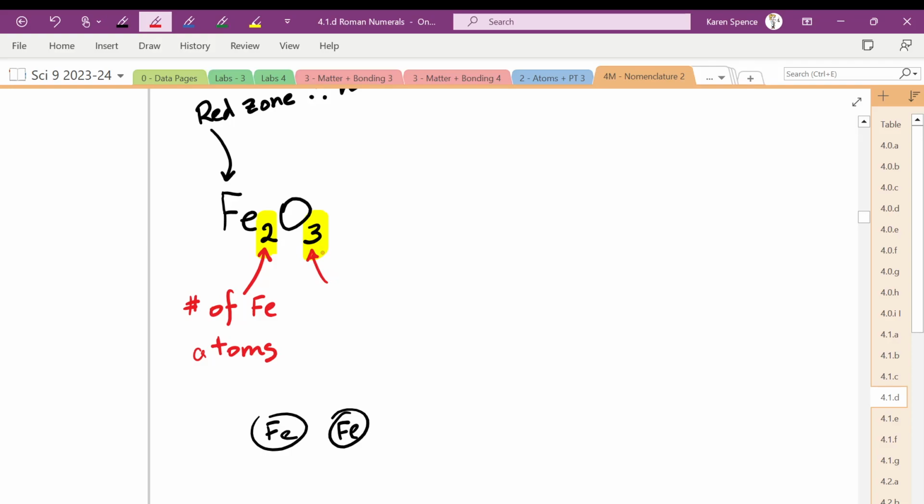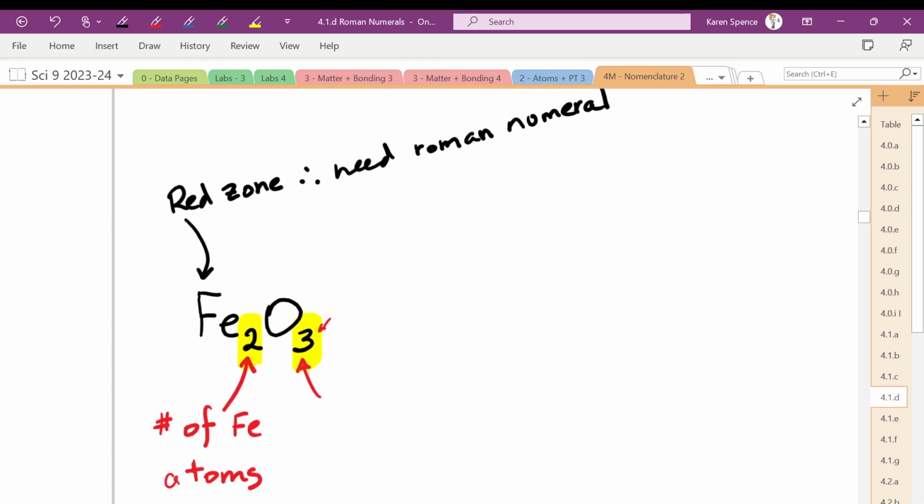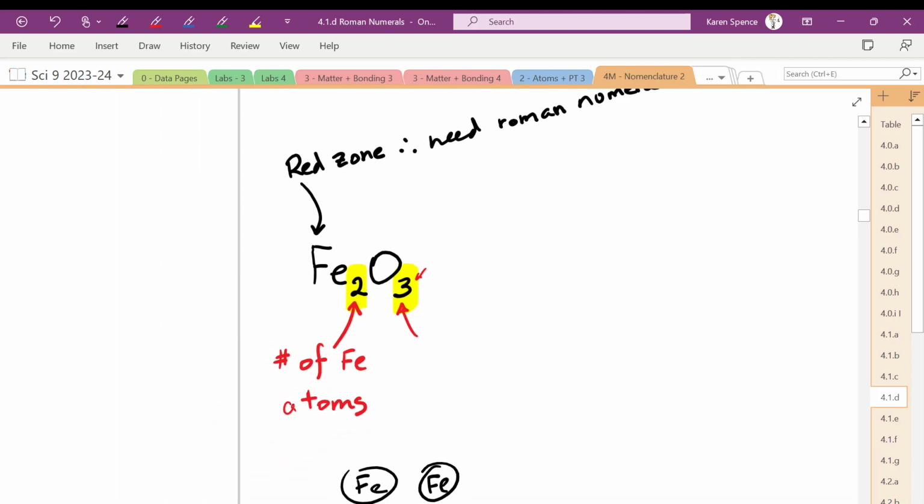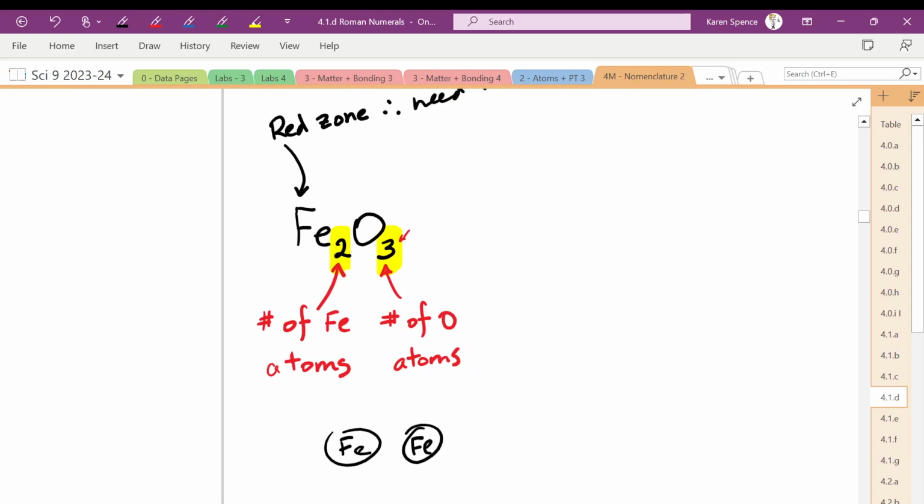What does the number 3 tell us? This one here. Okay, this is the number of oxygen atoms.